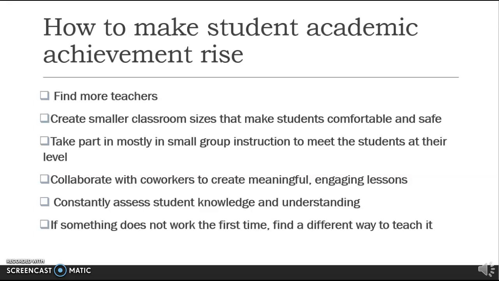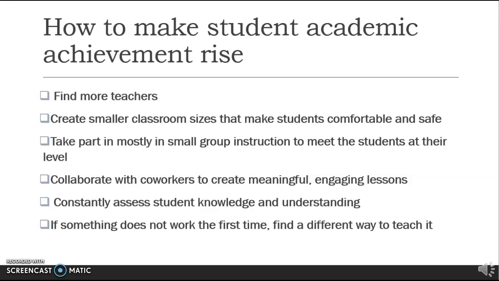So in order to see student academic achievement rise, number 1, first we need to find more teachers. When we have more teachers, that leads to number 2, we are able to create smaller classroom sizes that make students feel comfortable and safe.